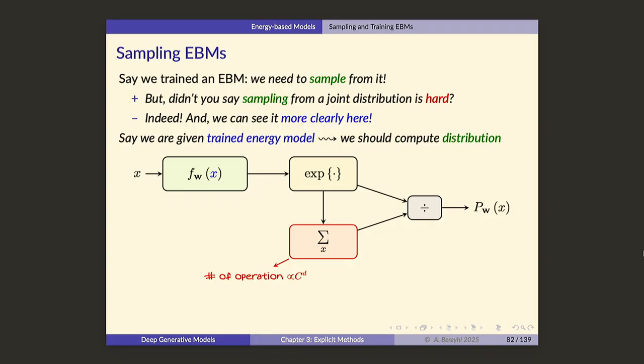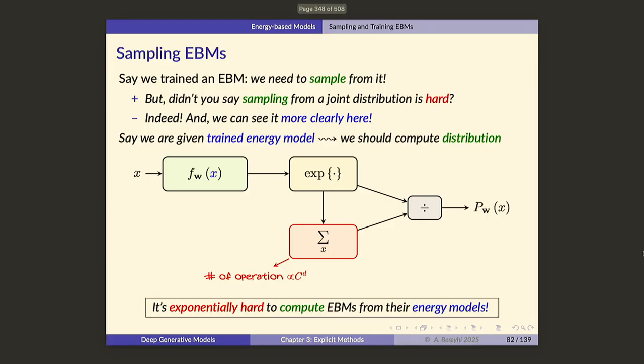So this is a big problem. It is exponentially hard to compute the distribution directly from the energy. This is impossible. And you can think of real data with huge D, right? One high resolution image. This is impossible, right?